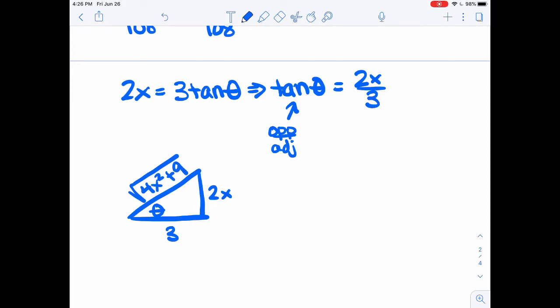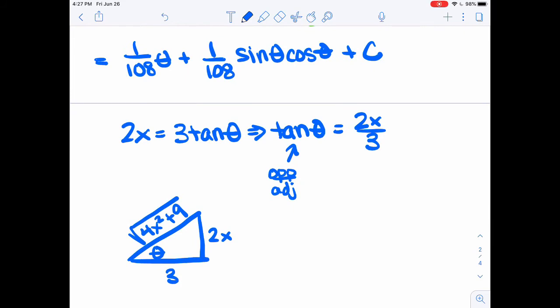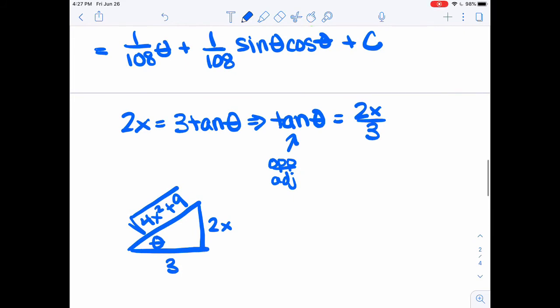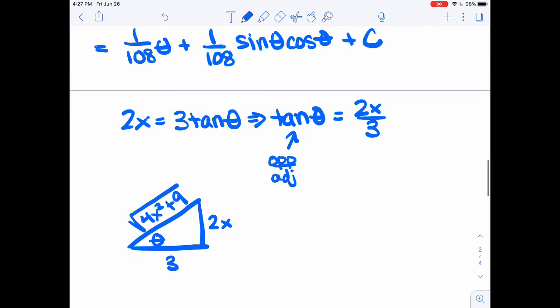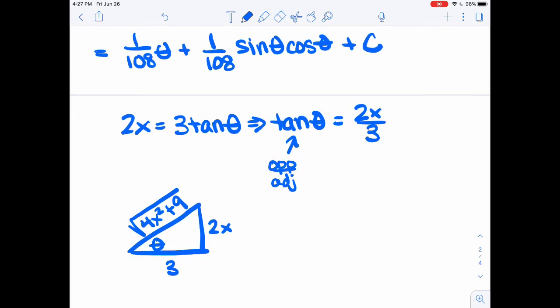A combination that you remember from the original problem, right? Now, our answer is in terms of sine of theta and cosine of theta and theta itself. So this is what we're going to do with the theta. Tan theta is 2x over 3. So theta is the inverse tangent of 2x over 3.